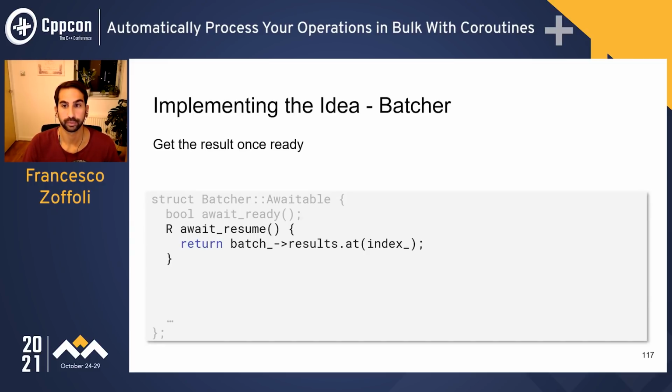Another question just popped in from Samuel Guinet. Do we need to implement all this boilerplate code for every function we want to transform into a coroutine? Absolutely not. These are the customization points for the library implementers. A library implementer is going to offer you a coroutine library, for example Folly, and you are going to write your code simply returning task and calling co_await, and none of these special methods are going to be implemented by you, unless you go for some deep integration with your library.